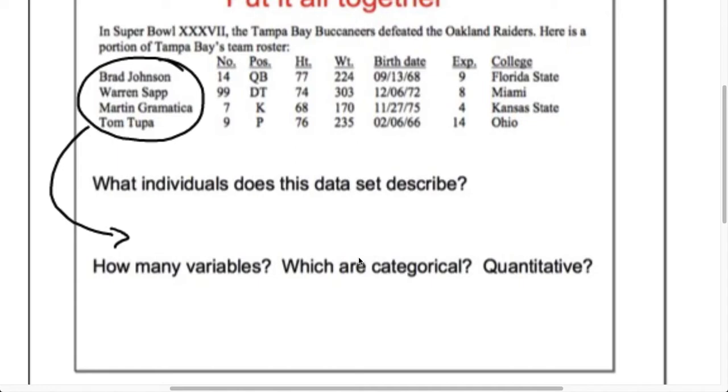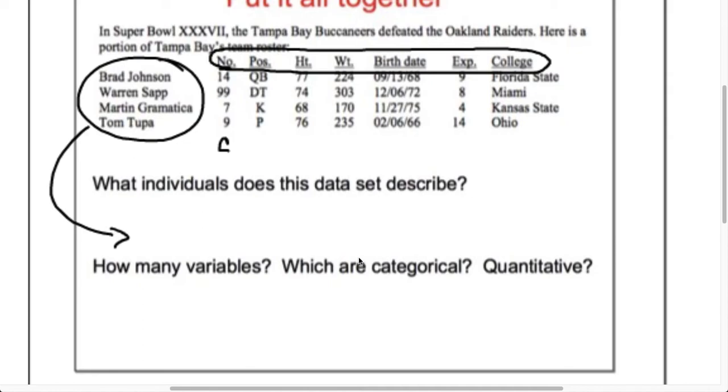Looking at the different variables, okay? Again, the data itself is one thing, but just the characteristics that you're measuring are the different variables. So number, position, height, weight, birth date, experience, and then the college they went to. Okay. Again, it wouldn't make sense to average out a jersey number. All right, that doesn't help us really do anything.